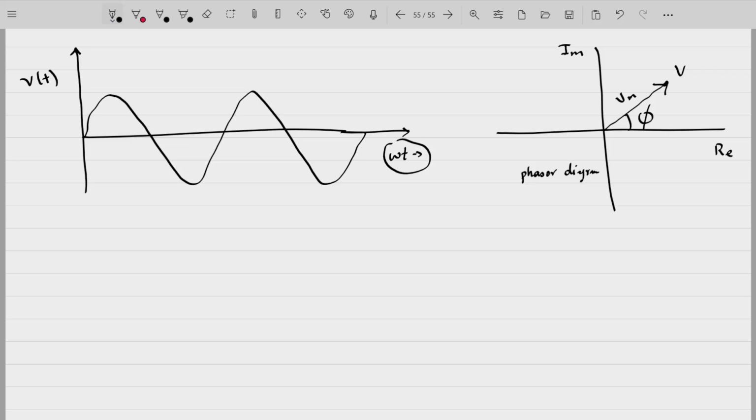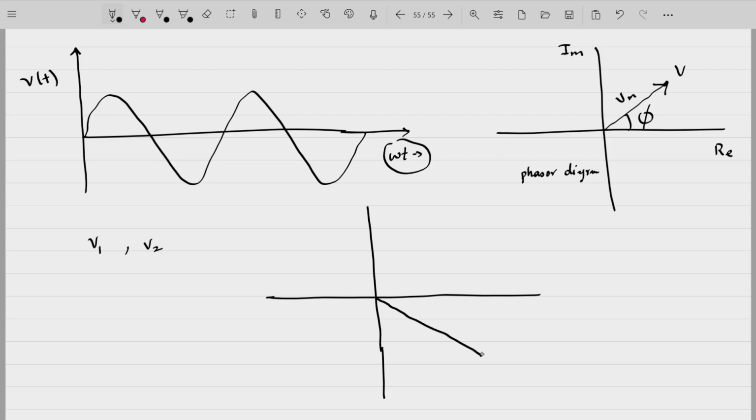Now, as I told you last time, we can have different functions V1 and V2. One function can have a leading phase, another function can have a lagging phase. So how we can show that on a phasor diagram is: lagging phase means your angle will be negative.